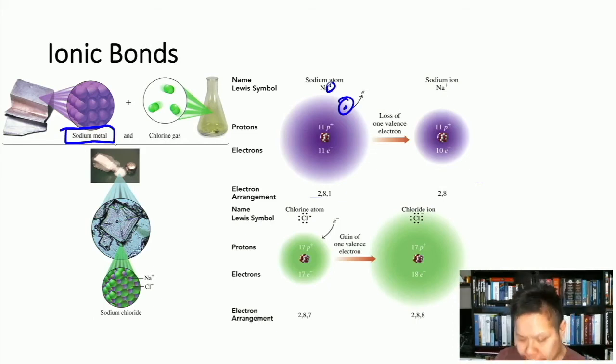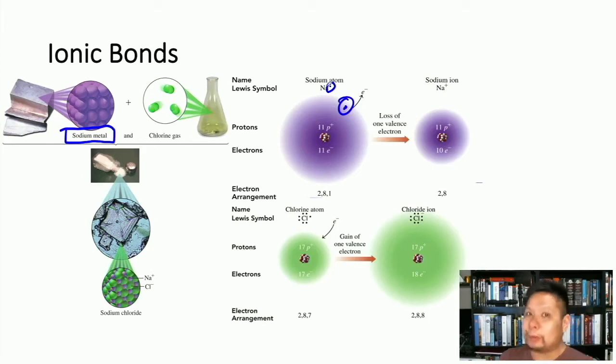I say full instead of 8 because some atoms have less than 8 electrons total and still have full outer shells, for example helium, which has 2 electrons. The first shell only has 2 electron spots, so technically helium has a full outer shell.